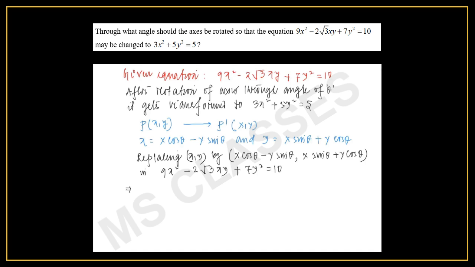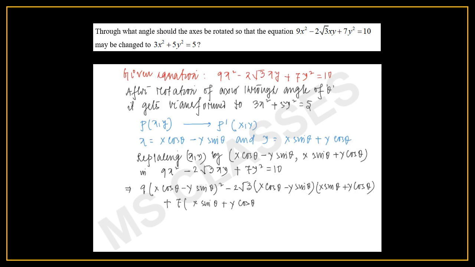So here we write 9 into (X cos theta minus Y sin theta) whole square, minus 2 root 3 (X cos theta minus Y sin theta)(X sin theta plus Y cos theta), plus 7 (X sin theta plus Y cos theta) whole square equal to 10.